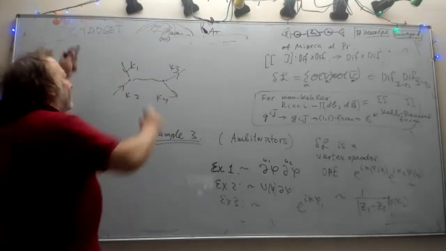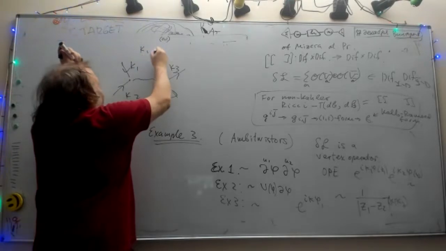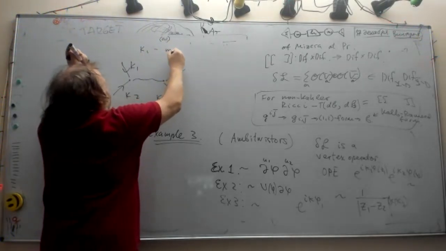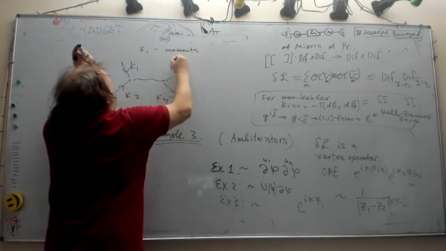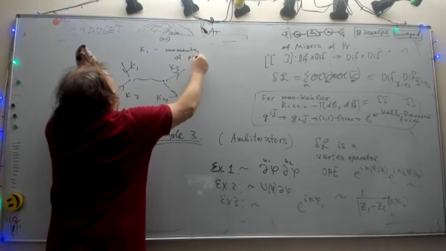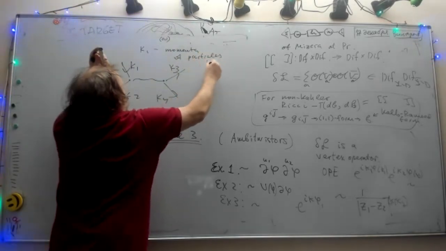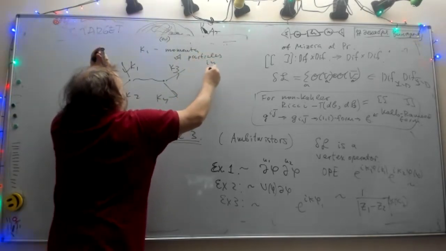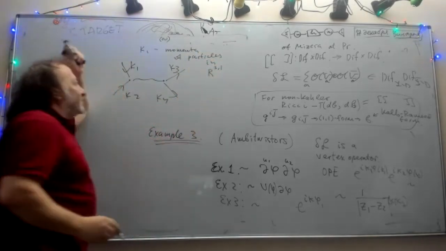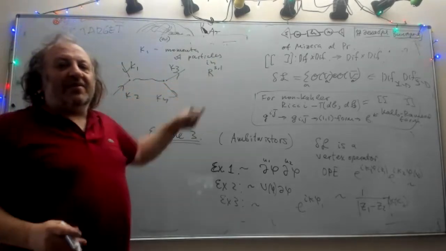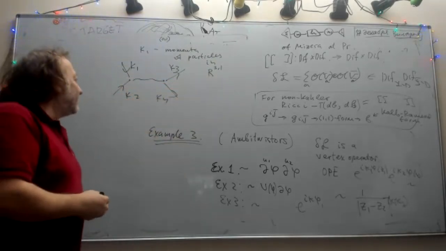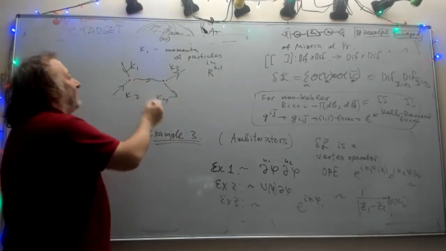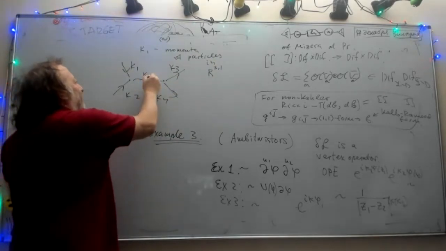So these K's are momenta of particles in Minkowski space. However, you may consider different spaces. So there is a conservation of momenta. So here we have K1 plus K2.